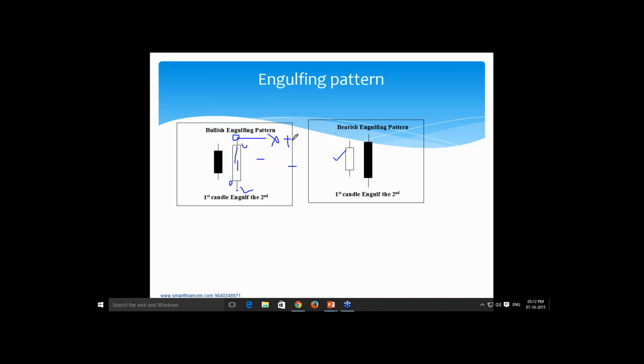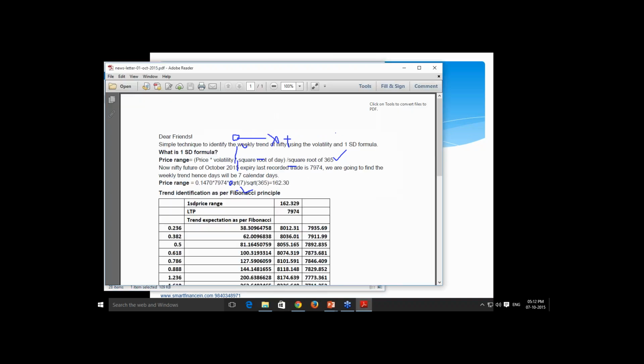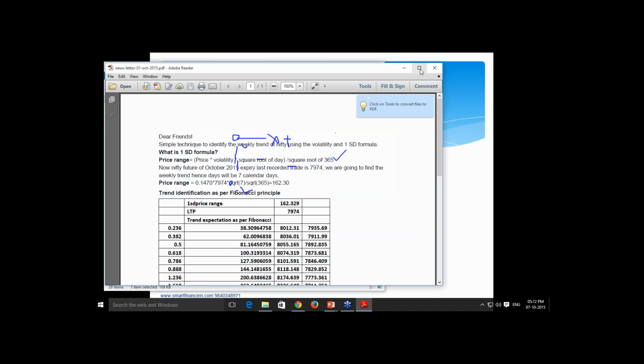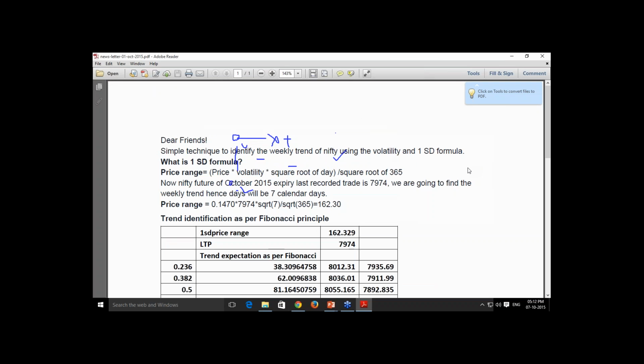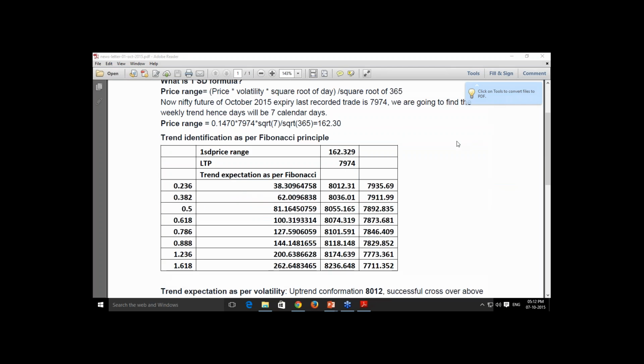That is a fact, a proven fact. That is not a hidden fact. I will show you one very great example today. Many of you who are registered on our site and who follow the weekly newsletter of the Nifty future movement, on our Facebook or Twitter, this is the last week's level I have given. Look into this factor of 0.786, which is 8,100.